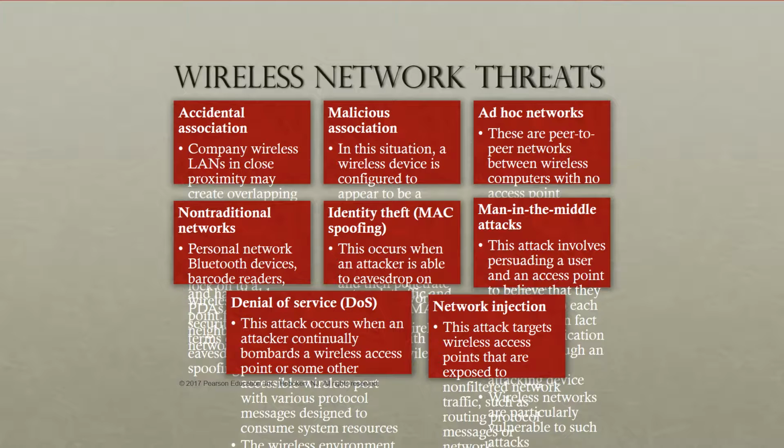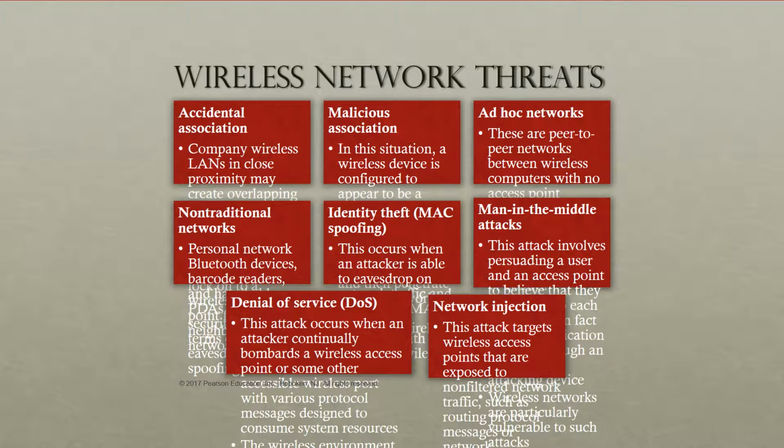Malicious association. In this situation, a wireless device is configured to appear to be a legitimate access point, enabling the operator to steal passwords from legitimate users and then penetrate a wired network through a legitimate wireless access point. Ad hoc networks. These are peer-to-peer networks between wireless computers with no access point between them.